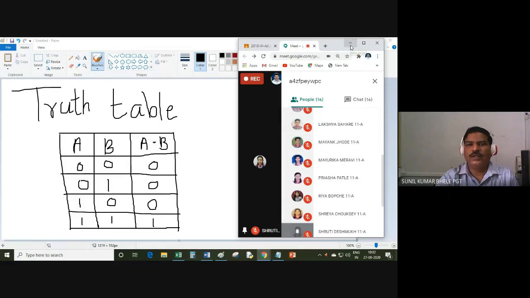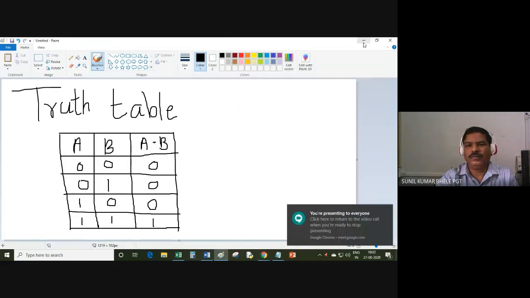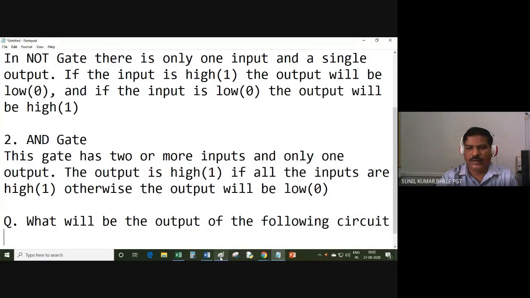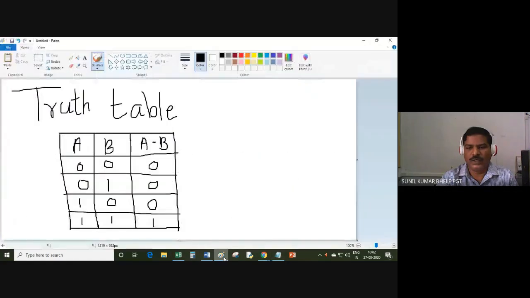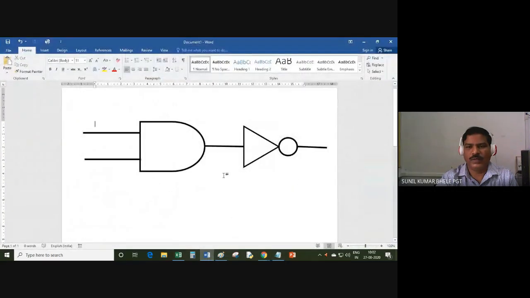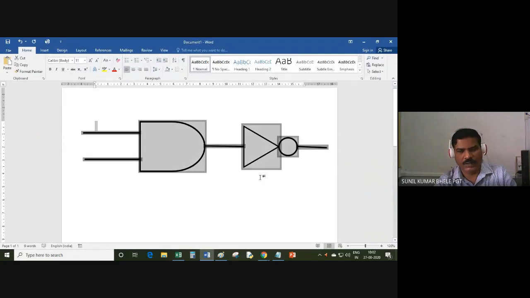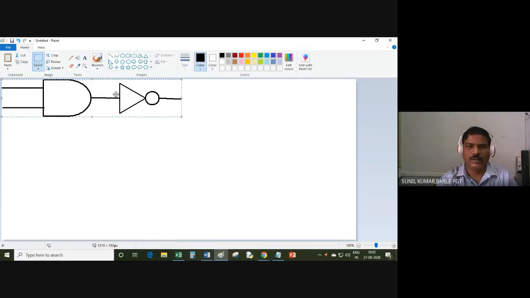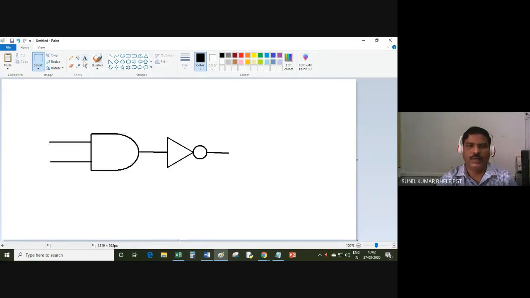Now I want to discuss the OR gate. First, the answer to the question I was asking: if the inputs are 1, 1, 1, then since the output of this AND gate is 1 and then the NOT gate, the output is 0.